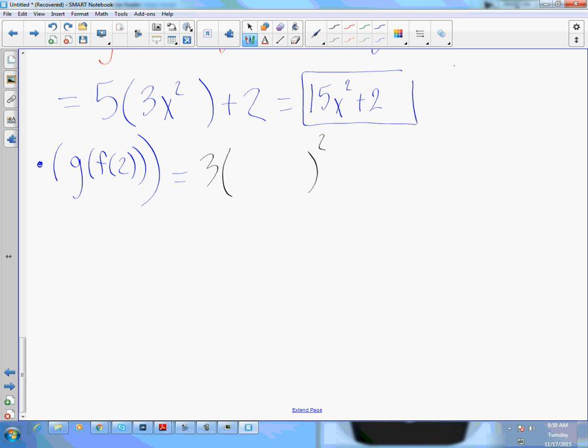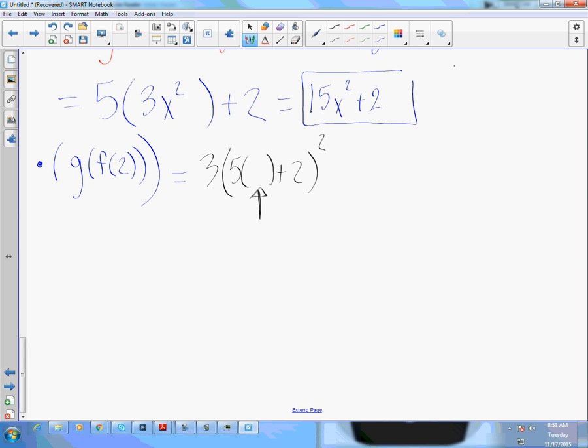F is 5x plus 2. Now, to be less work, I think if we just put the number in right away. What should the x be?